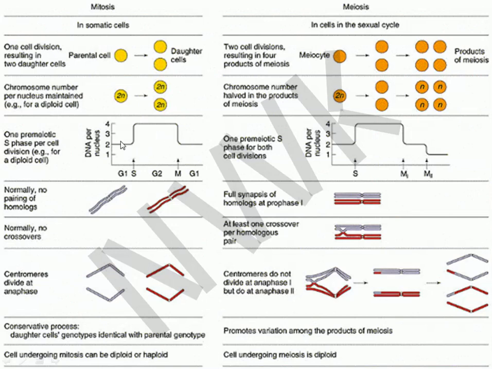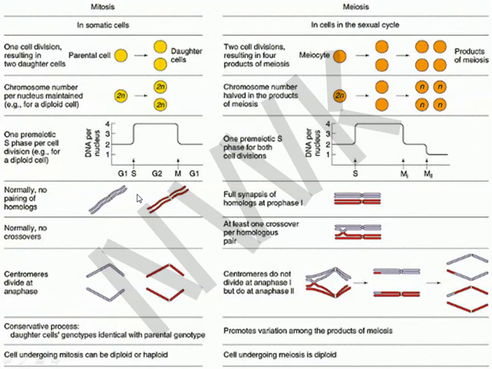You look at the chromosome number. In mitosis, the chromosome number remains the same as the parent, but in meiosis, the chromosome number, the DNA number, is half from the parent.